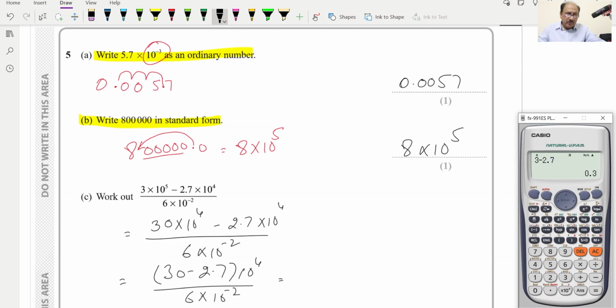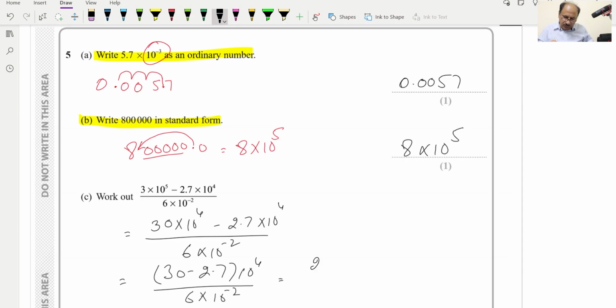30 minus 2.7 will be equal to, not 30, I missed a 0, so this will be equal to 27.3. So we can write 27.3 into 10 raised to the power 4 divided by 6 into 10 raised to the power minus 2.